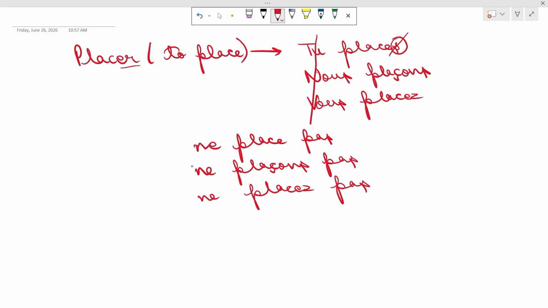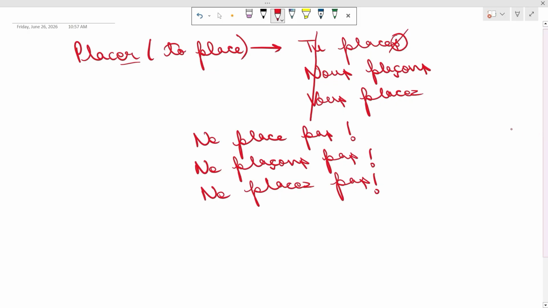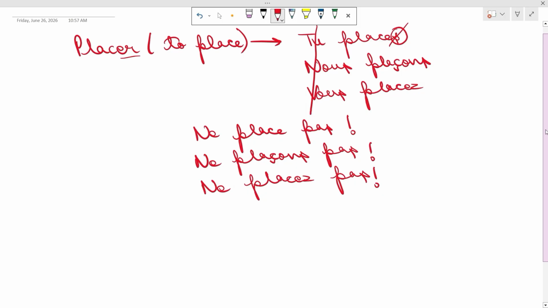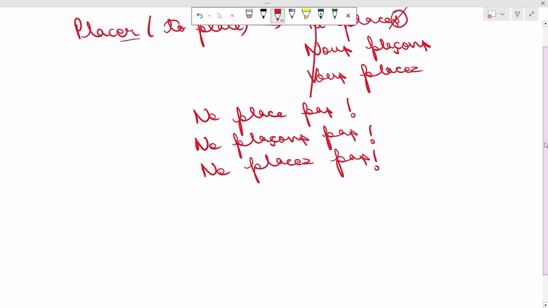Then we change this ne into capital. It can be done directly, but first follow the steps, remember them so that you are able to get in sync with the conjugated form following the steps. This is the formation of the imperative negative of placer.